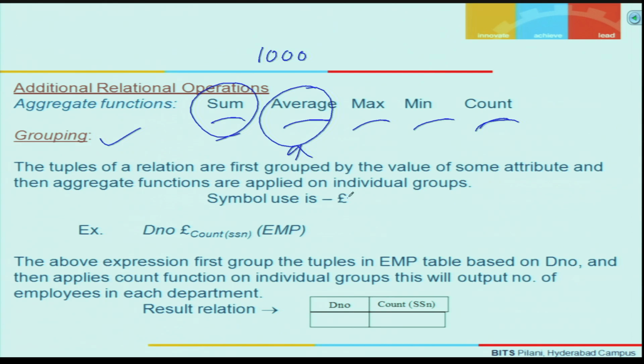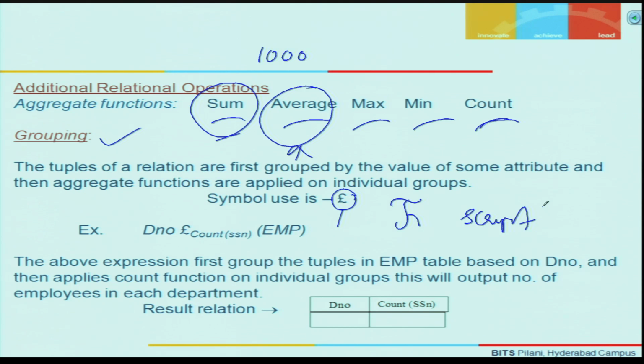Please make a small correction: this is not the symbol used, actually this is the symbol that needs to be used for this grouping operation, and it is called script F. If you group the tuples in a relation based on the value of an attribute, it will form groups, and then if you apply some aggregate operations, they will be applied on individual groups, not on the entire relation.